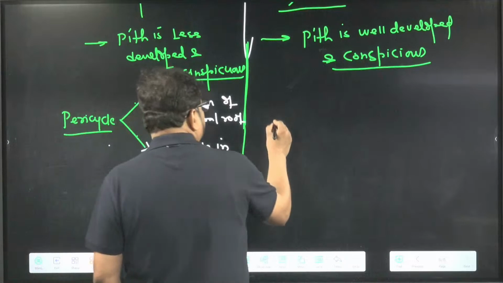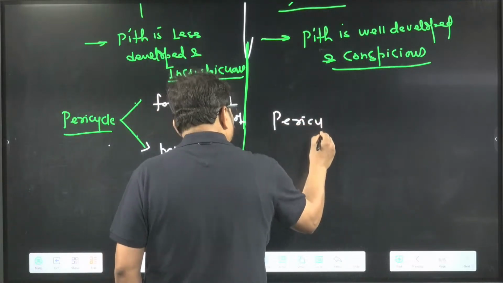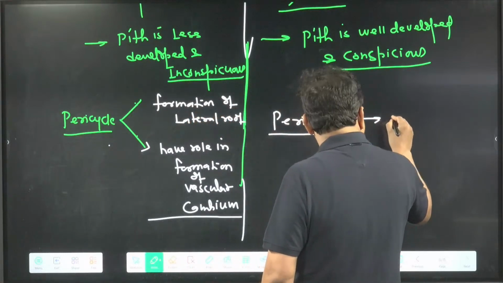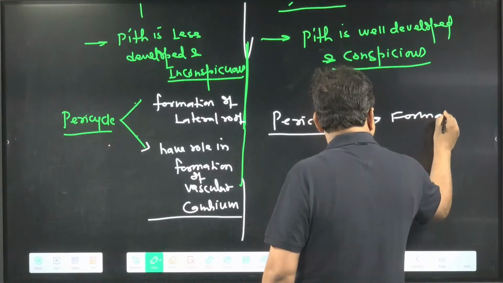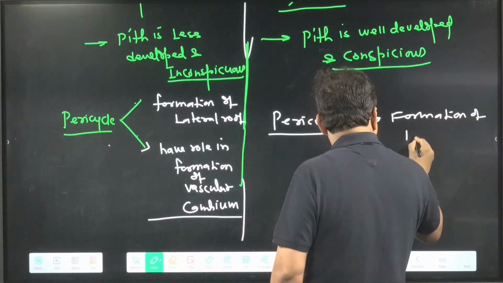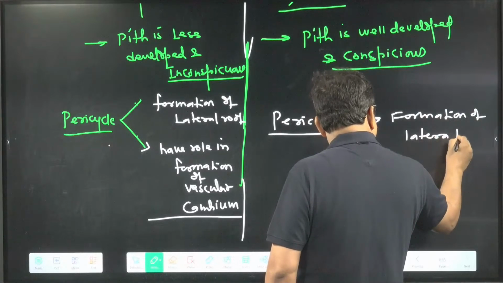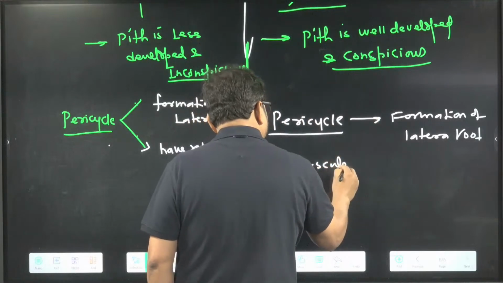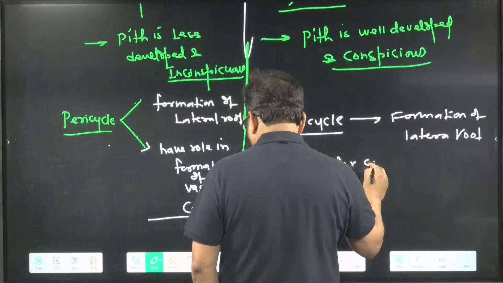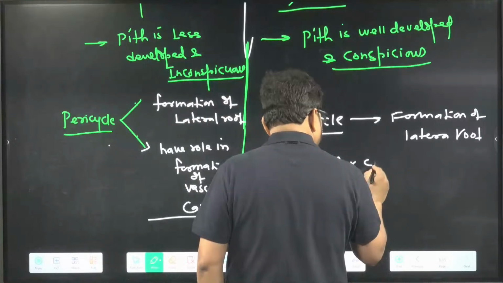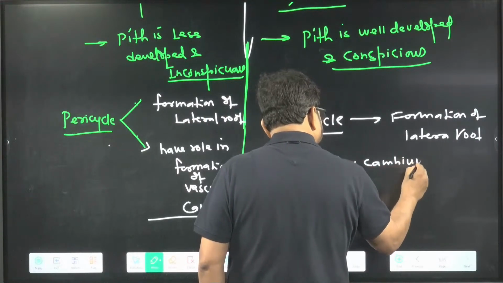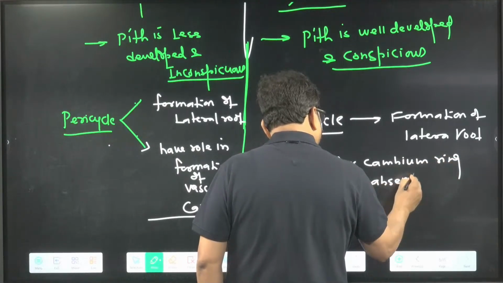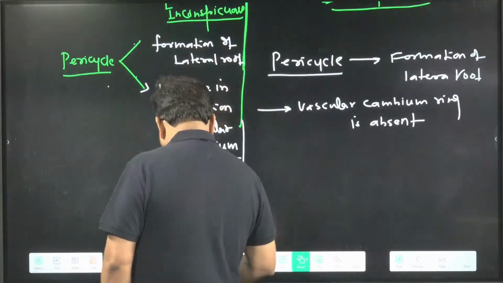But in case of monocot root, the pericycle forms the lateral root. But vascular cambium ring is absent, because it is a monocot and this ring forms for the purpose of secondary growth.